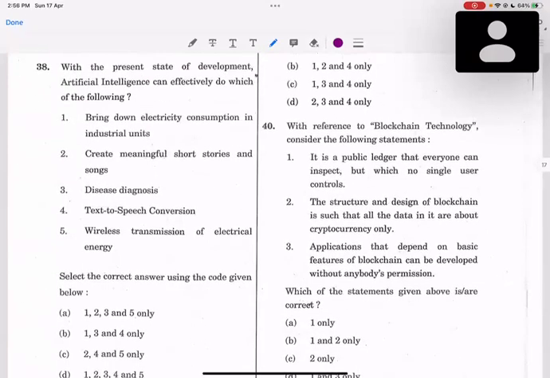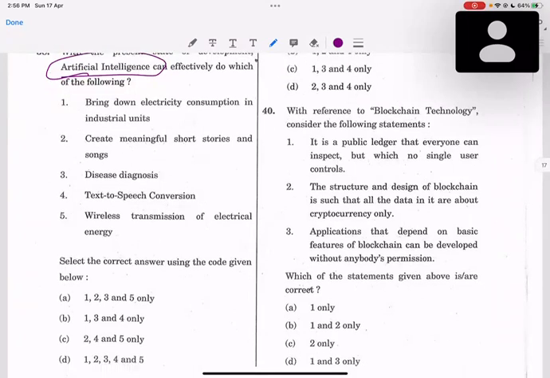In the present state of development, artificial intelligence can effectively do which of the following? Artificial intelligence is a new frontier technology and it can perform any task which is performed by humans. If we look at artificial intelligence, it will bring down electricity consumption, yes, because of automation, and also ensure efficiency.